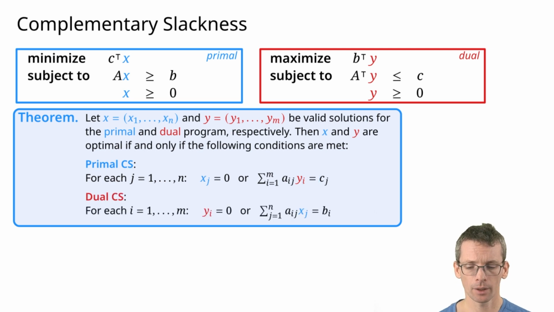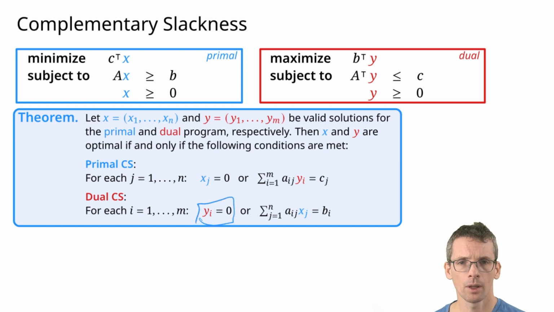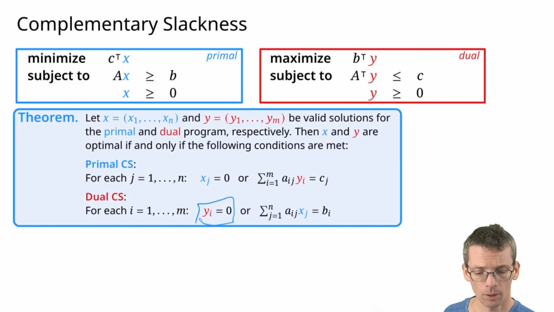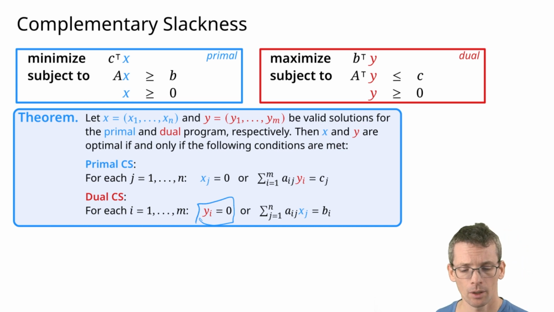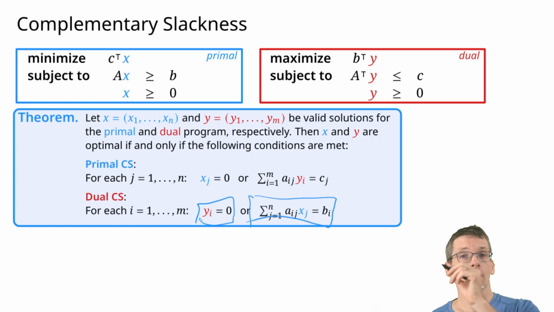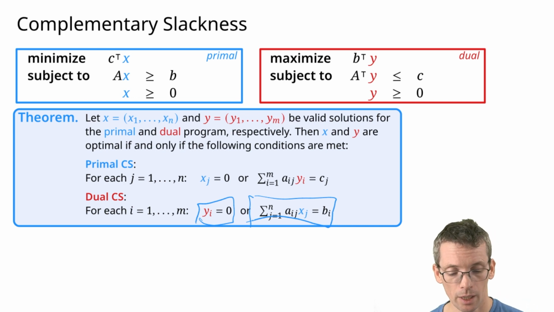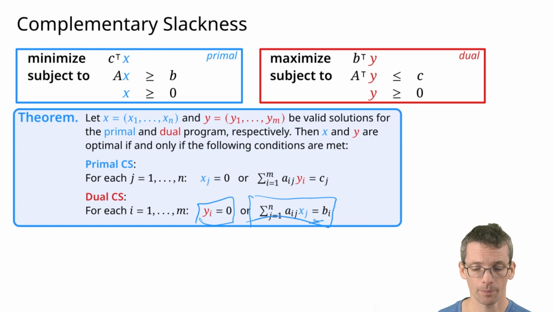And likewise, dual complementary slackness, a dual variable has to be either 0, or if that is not the case, there shouldn't be slack in the corresponding primal constraint. So there I need to have equality.